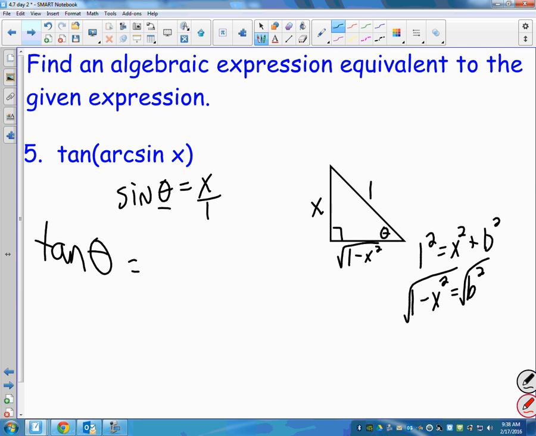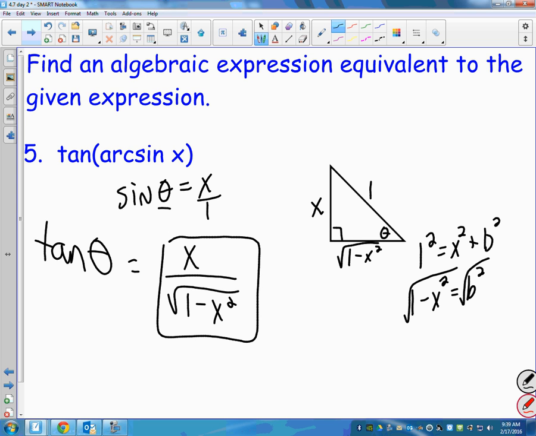So I could say that this is the same as x over the square root of 1 minus x squared. And what have we done here? We've taken a trig expression and we've turned it into an algebraic expression, mostly just to make you think about what it represents if you work through it.